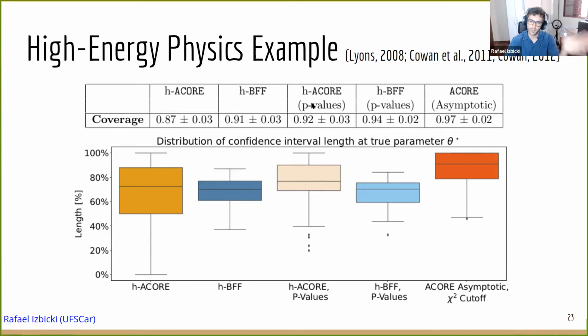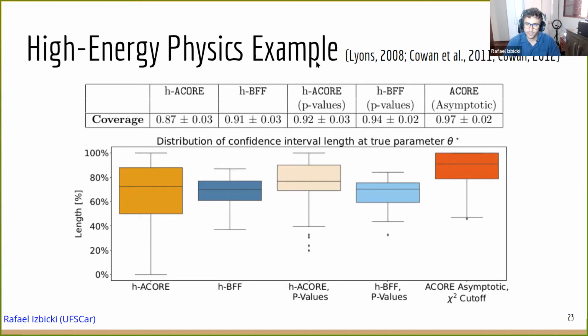So there's a different way to compute p-values, and then we check whether the p-values are small or large to reject or not reject the null. And this is a third version, which uses the asymptotic distribution of ACORE, which is chi-square. So what's changing in these 3 versions is how we compute cutoffs, basically. So the test statistic is always the same.